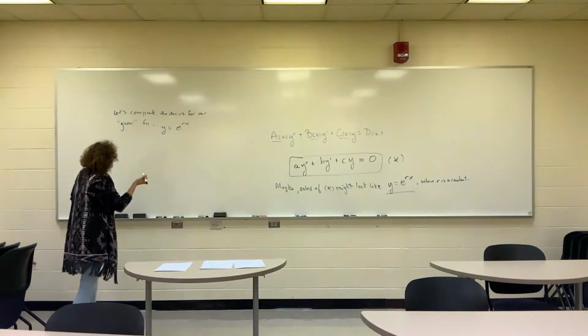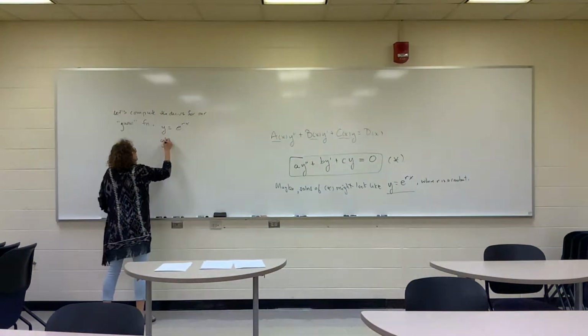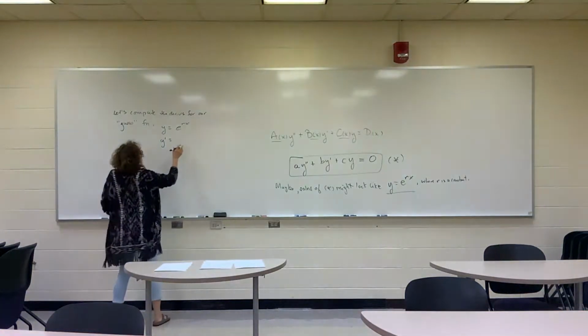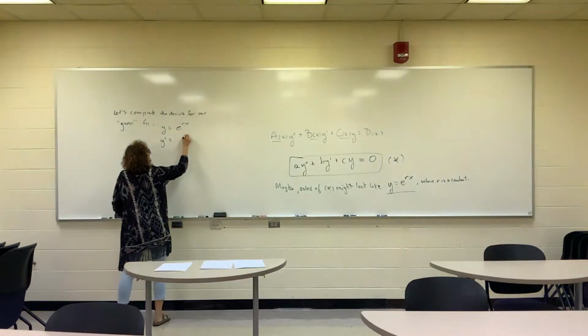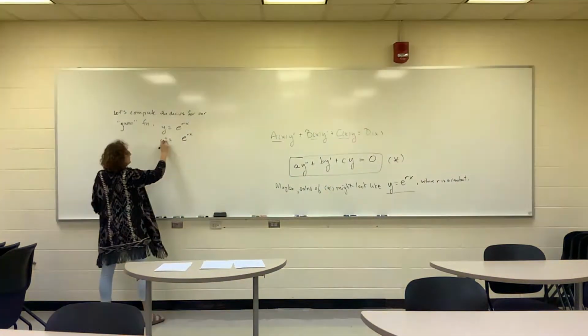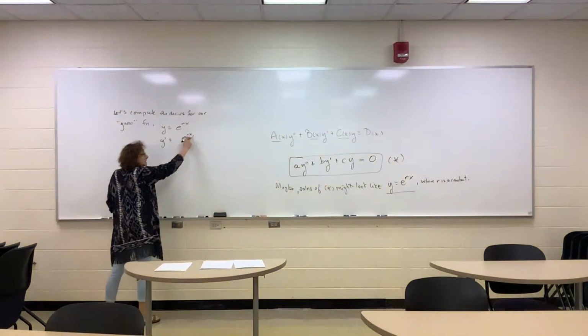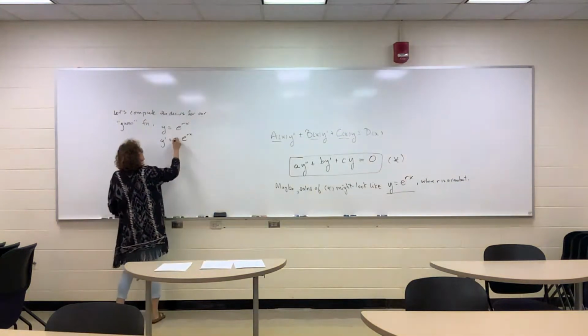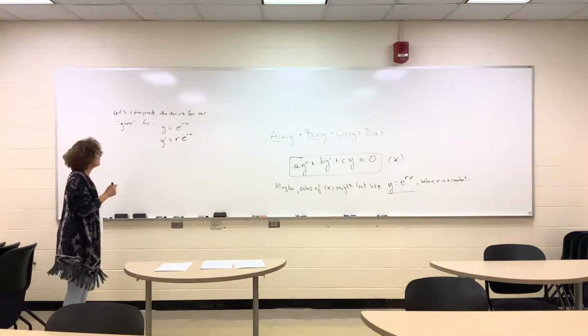So what would y prime be? Good, we're so good at this now, right? The derivative of e to the stuff is e to the stuff times the derivative of the stuff. This derivative means derivative with respect to x. So the derivative of r times x with respect to x is, good, r. r is like a constant, right?